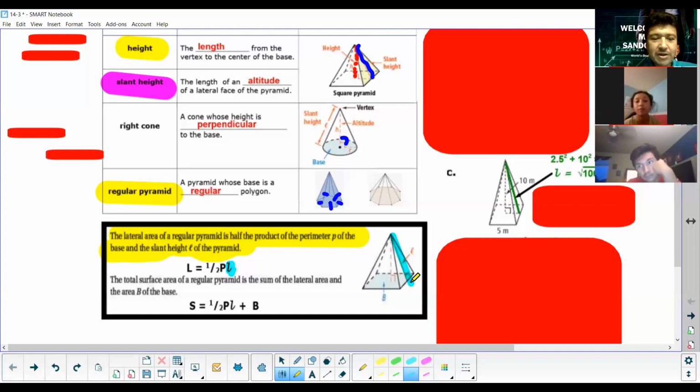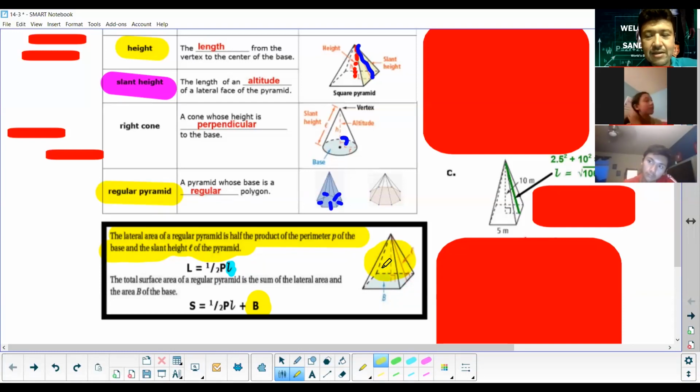All right, so Marcus, that's lateral. The S stands for total. What's the difference between S and L? Well, the difference is that one has base. Yeah, one has base. Many applications in our world only need the sides, like when you paint a building, you paint the sides, not the base, like the floor.